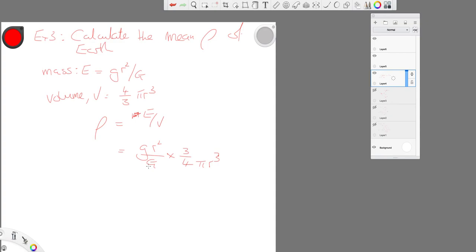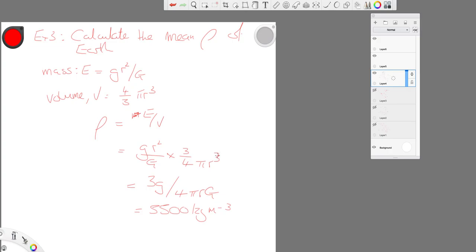And if we then simplify that, we're going to get 3g over 4 pi r G. And again, we know all these numbers. We're going to get 5,500 kilograms per meter cubed.